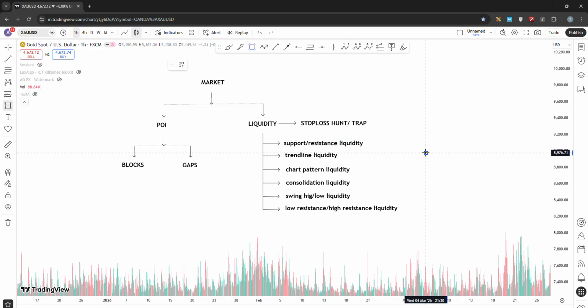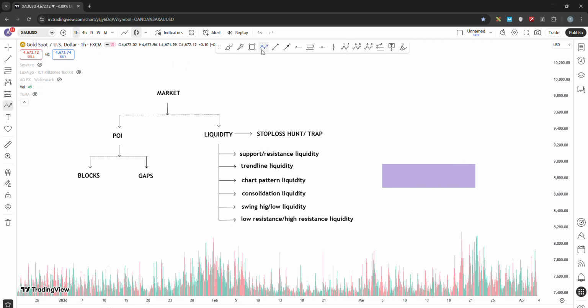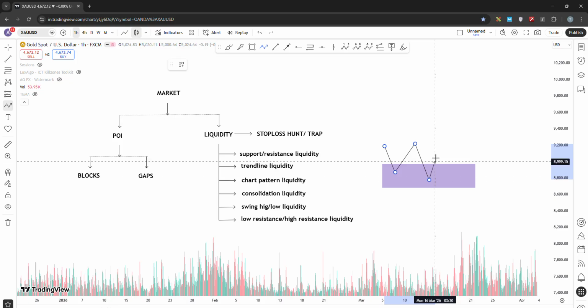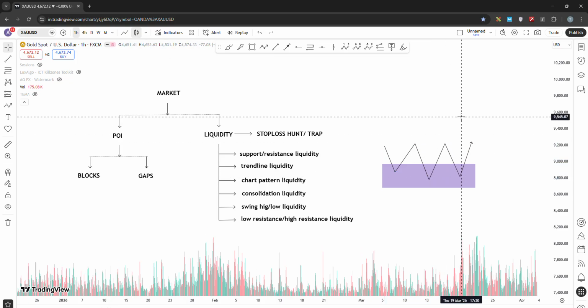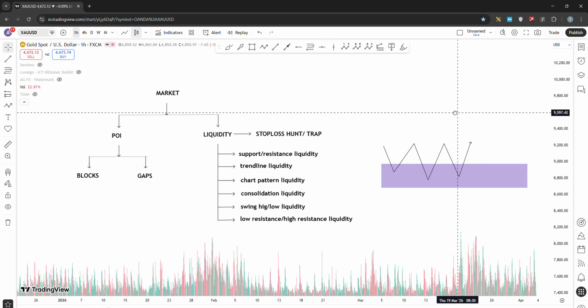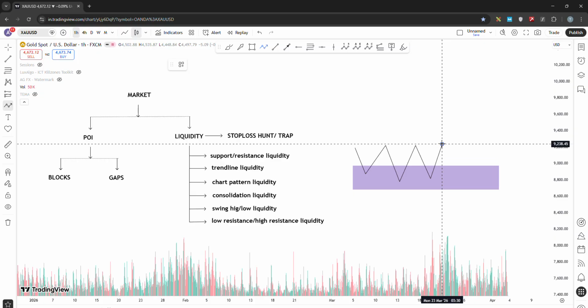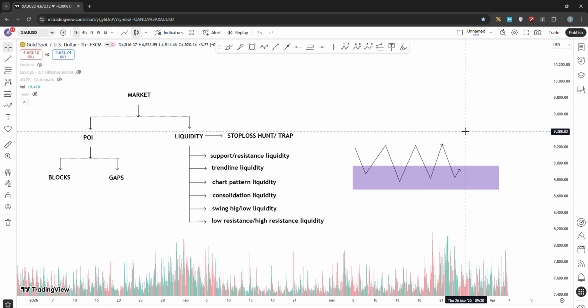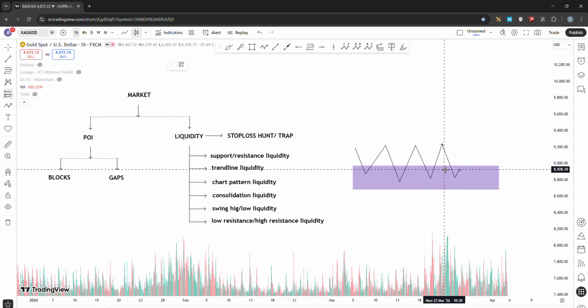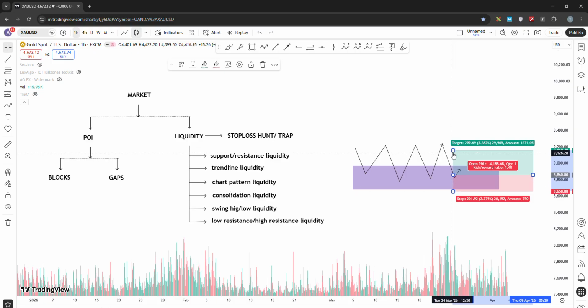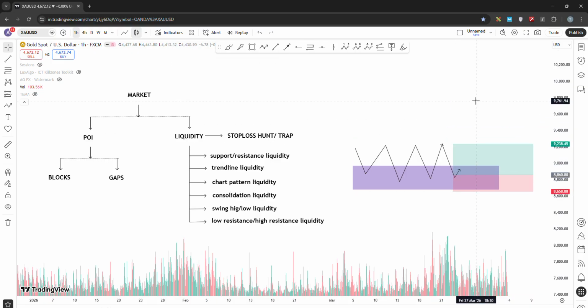Whenever you see a support where the market comes down, tests it multiple times, and reacts from it, this becomes a support level. So once again, when the market comes, gives a reaction, you can take a trade from here and trade this bounce from this support. This is what we are taught.